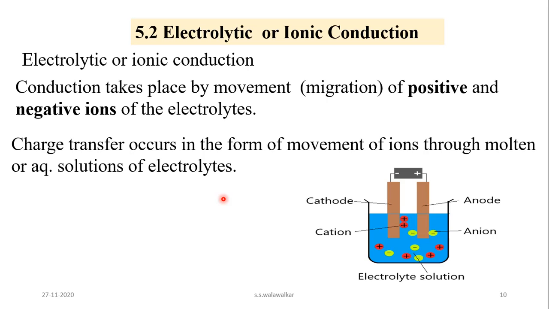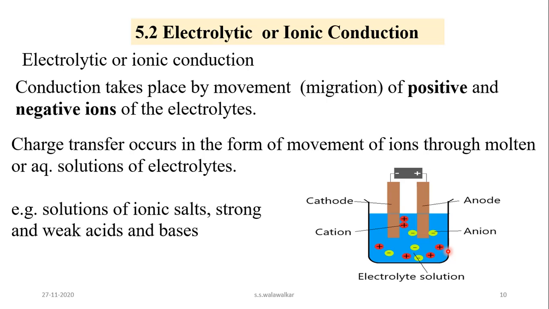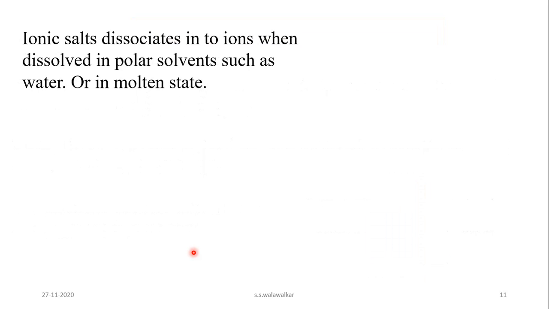This type of conduction is also called ionic conduction, and the substance through which it takes place is called an electrolyte. Examples of this are solutions of ionic salts, strong and weak acids and bases. These are the examples of electrolytes.